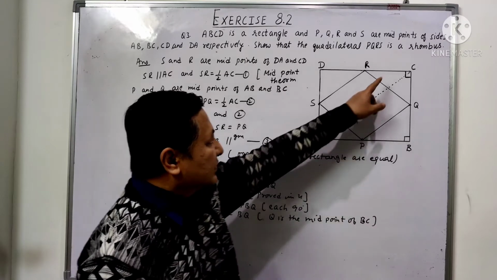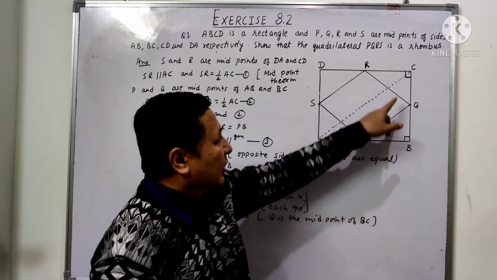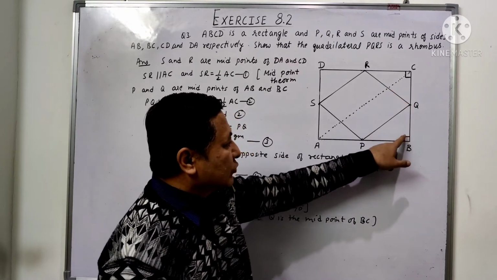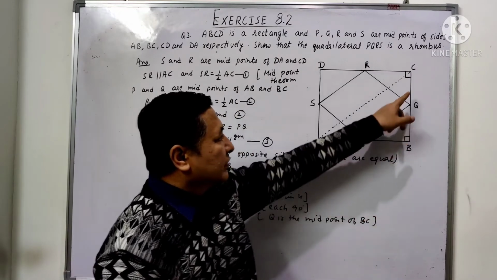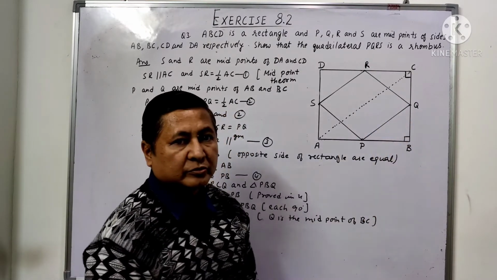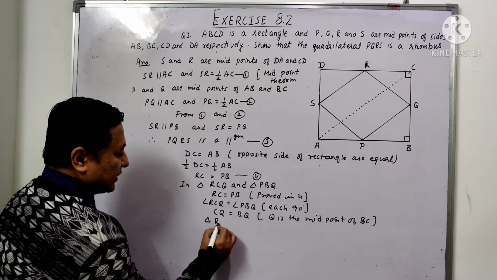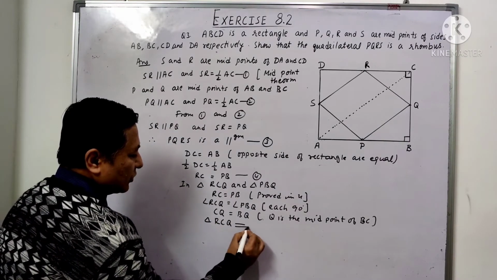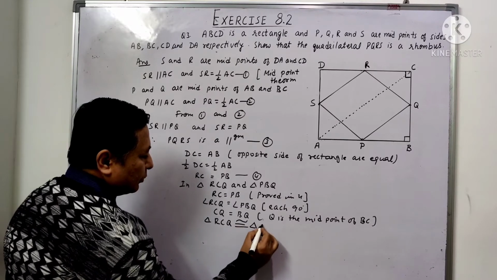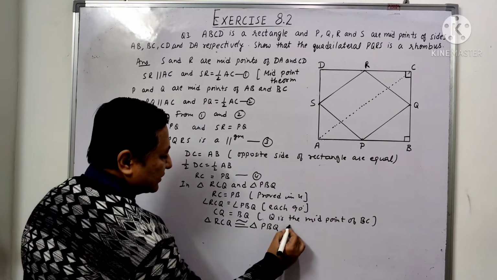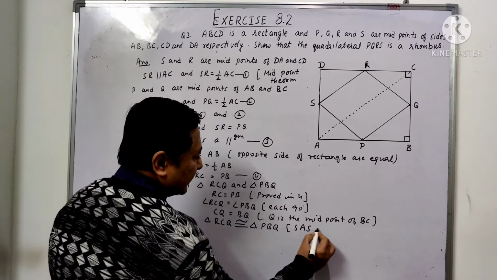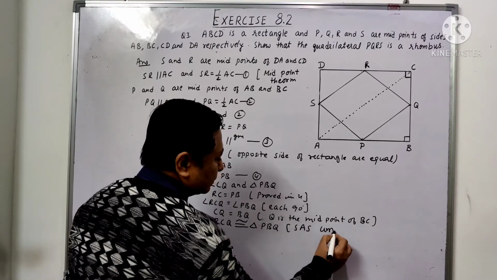So now RC is equal to PB, angle RCQ is equal to angle PBQ, and CQ is equal to BQ. So these two triangles are congruent. That is, triangle RCQ is congruent to triangle PBQ, and the reason is the side angle side congruence rule.